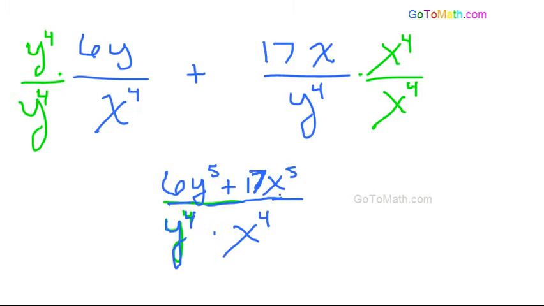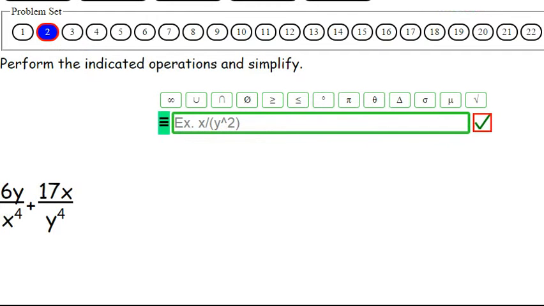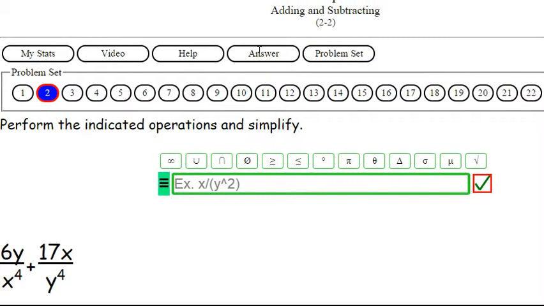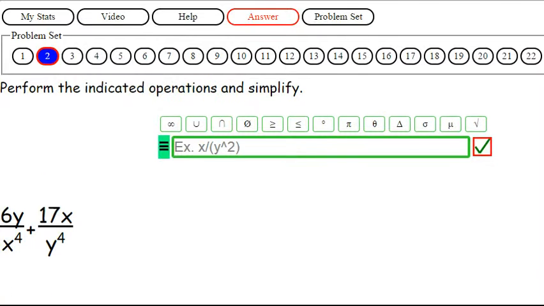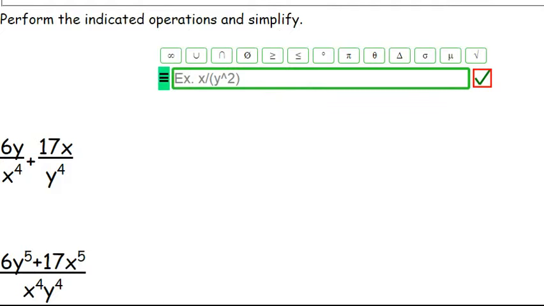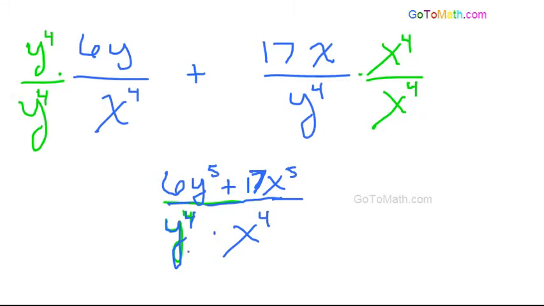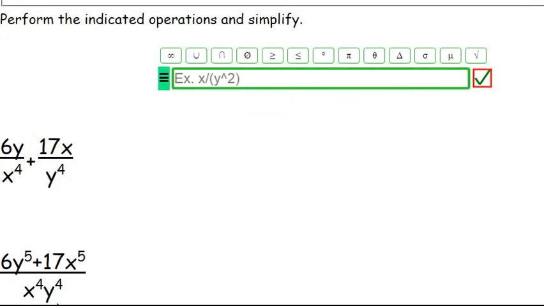Looks good. 6y to the fifth plus 17x to the fifth, over x to the fourth, y to the fourth. Of course, that order doesn't matter. Looks good.